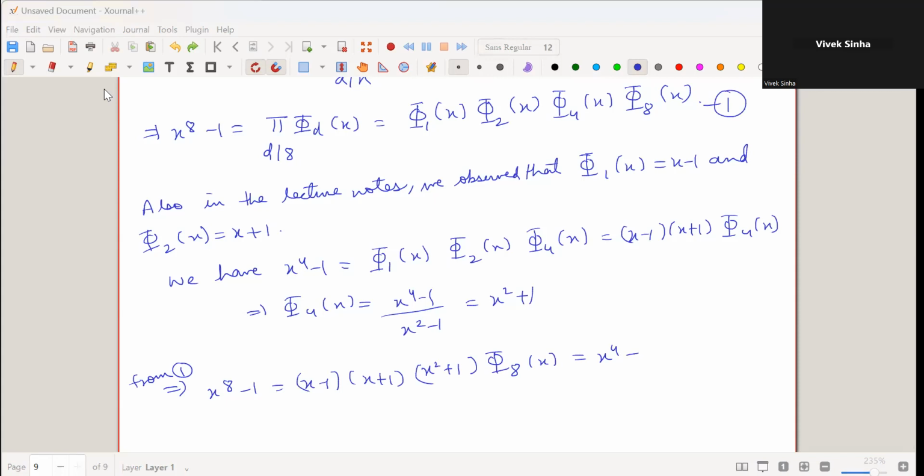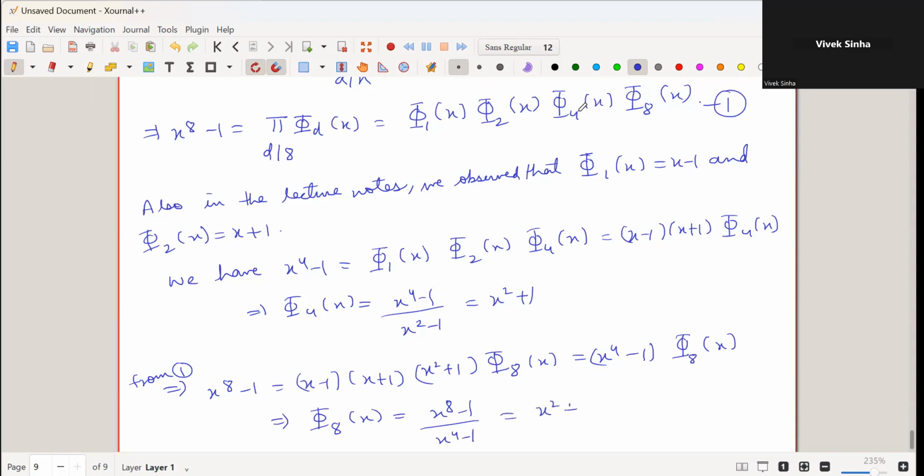So this is x^4 minus 1 is x minus 1, x plus 1, x^2 plus 1, so this is phi 8 of x.